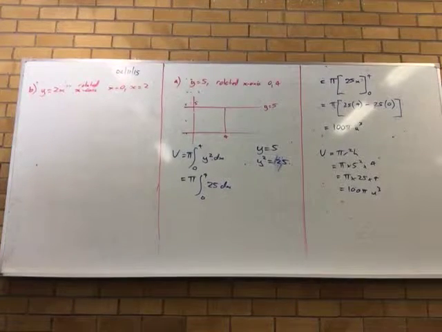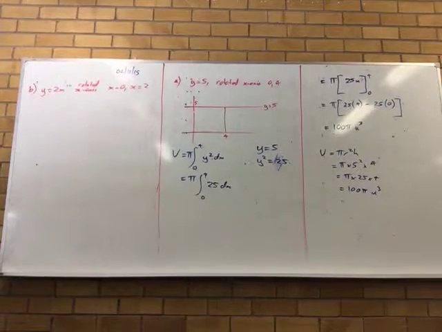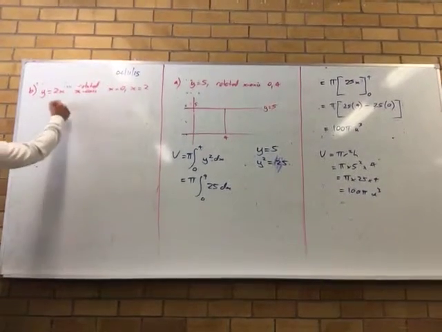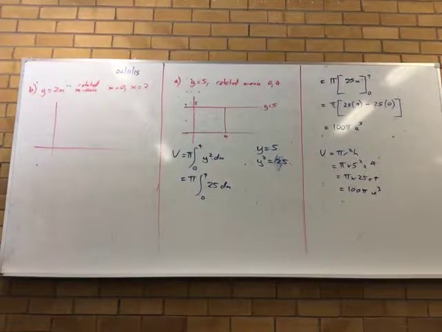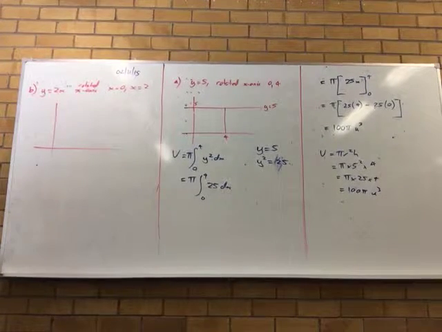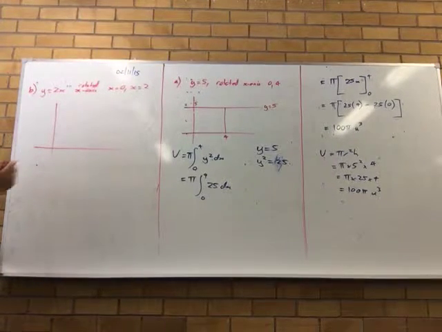Find the volume of the solid of revolution formed. Step number 1. Now, we're bound in the first quadrant, so I just need to consider the function in the first quadrant, y equals 2x.